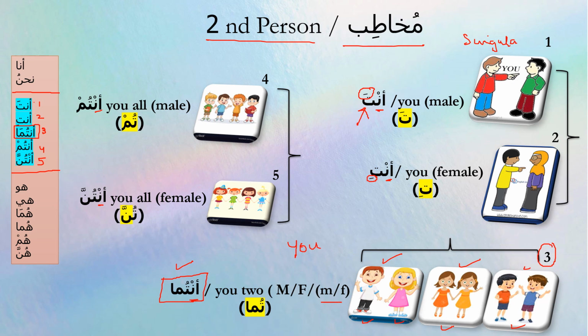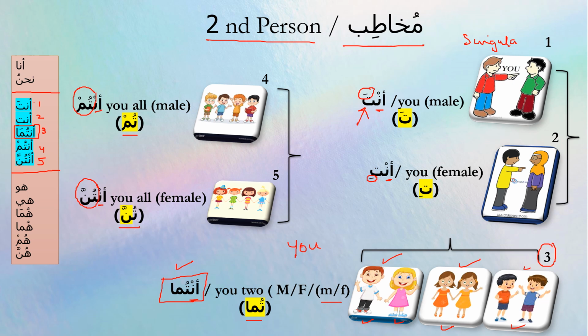The an is the same, only the tum is different. Tum is the main damir here, and tunna is the main damir here, as I have given here. Tum and tunna, ta and ti, and tuma here. So tum represents the plural male, and it means you all. And for female, antunna represents the whole group of females.